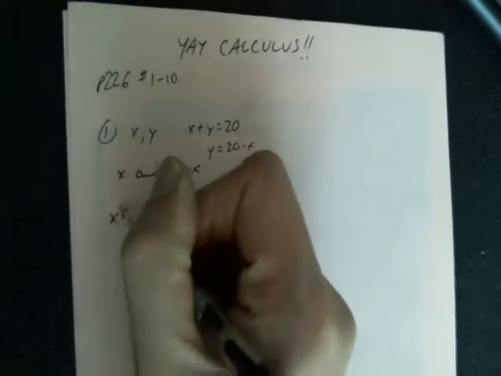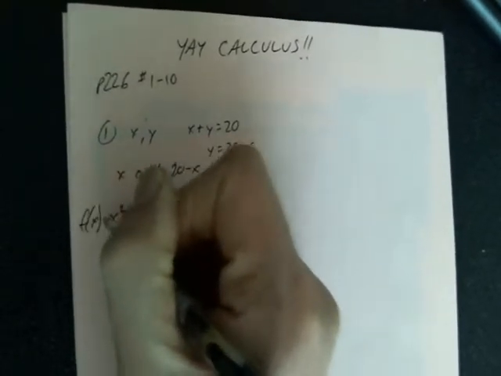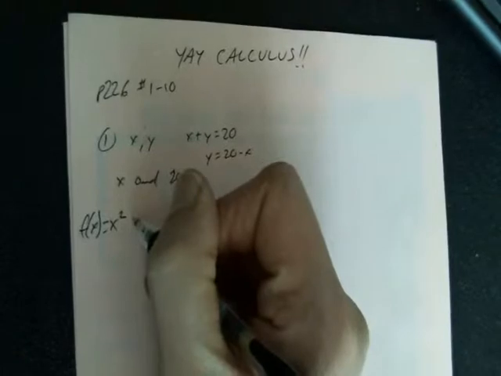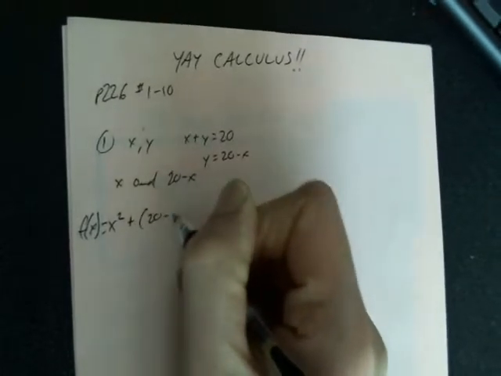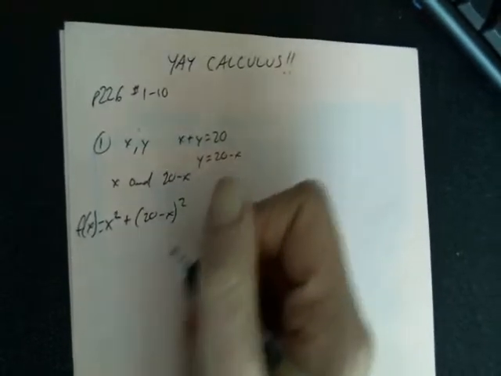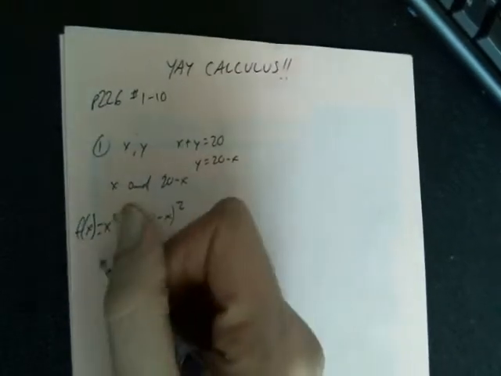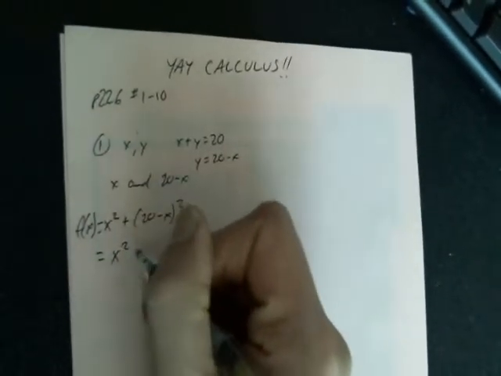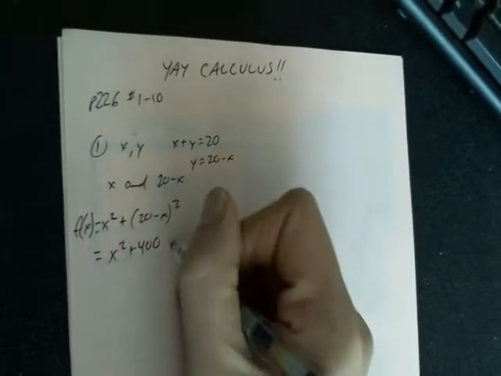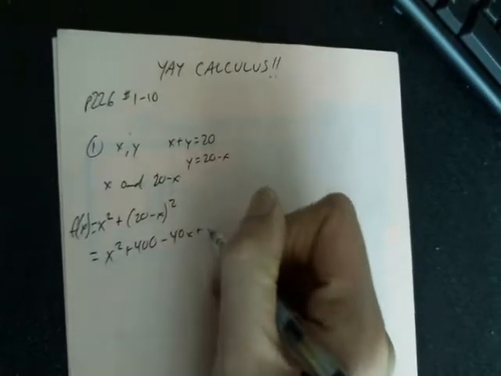So that would be the sum of the squares. As a function of x, the sum of the squares would be x squared plus (20 minus x) squared. And that would be the same as x squared plus 400 minus 40x plus x squared.